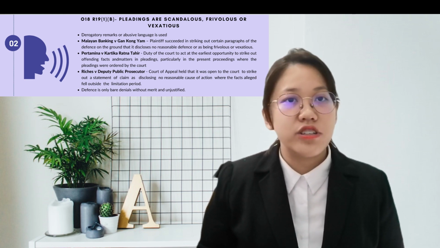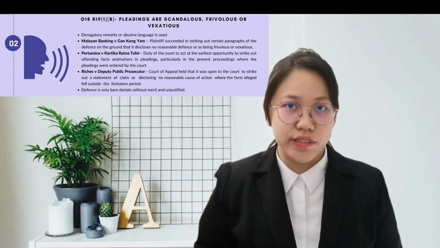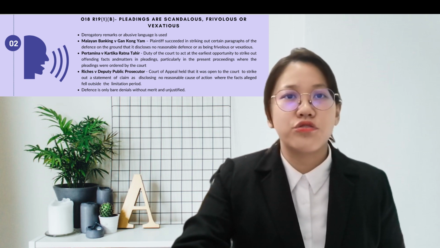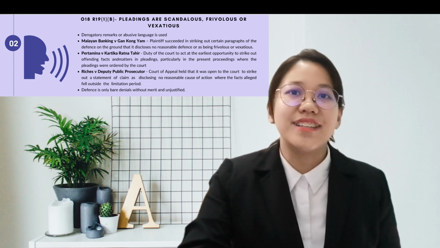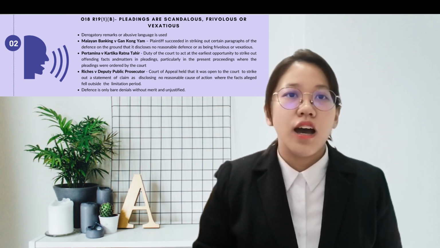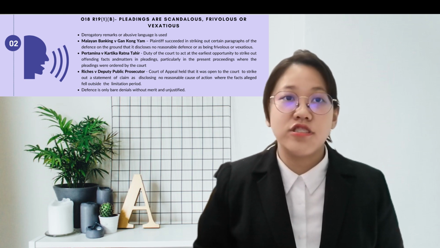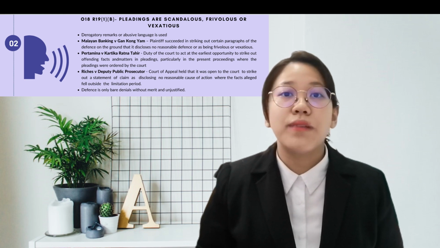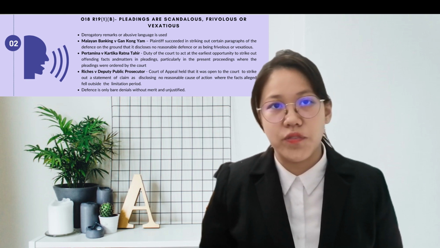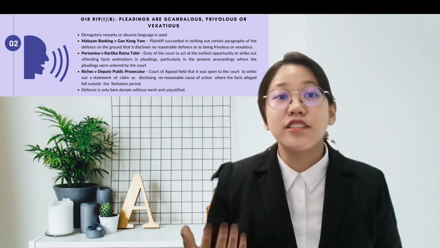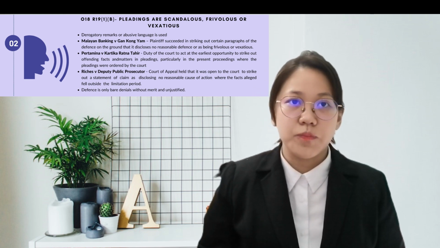In the case of Richards versus Deputy Public Prosecutor, the Court of Appeal held that it was open to the court to strike out a statement of claim as disclosing no reasonable cause of action where the facts alleged fell outside the limitation period, although in certain circumstances a plaintiff might be held to have a reasonable cause of action, for example, where it could be shown that there might be an escape from the statute of limitations.